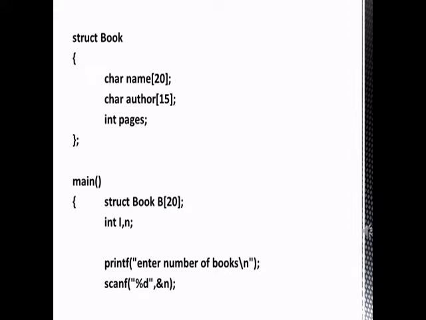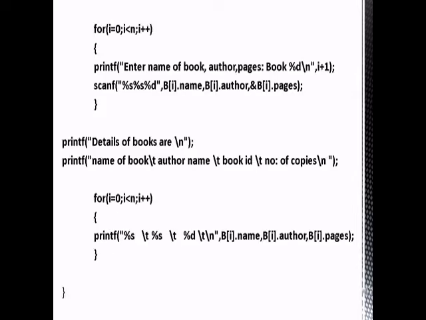Enter the number of books, which holds the number of books that the user wants to enter. Using a for loop, you read the details of the book name, author and the pages.